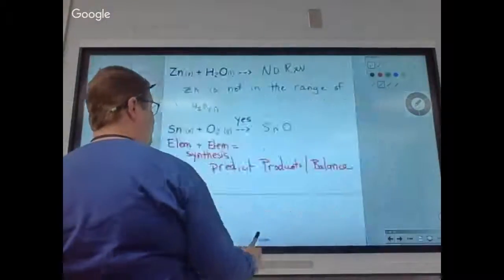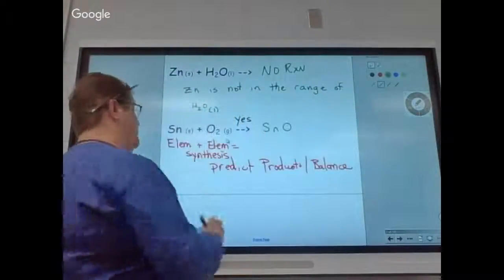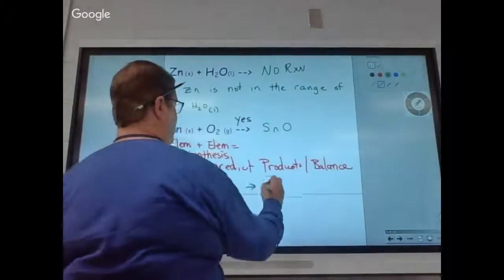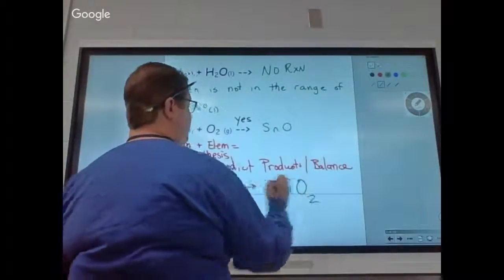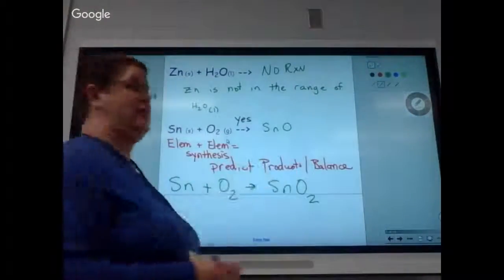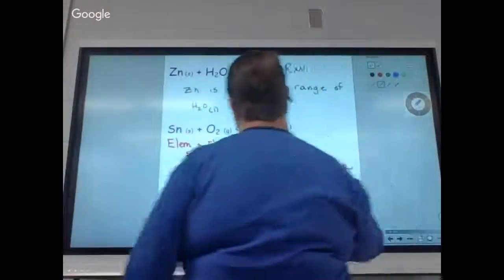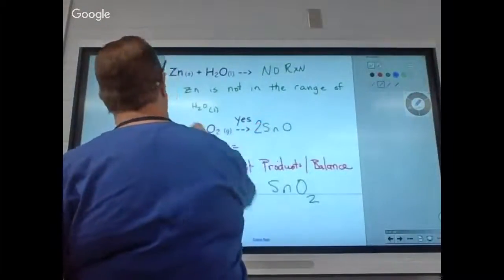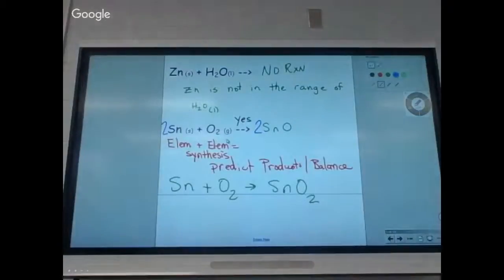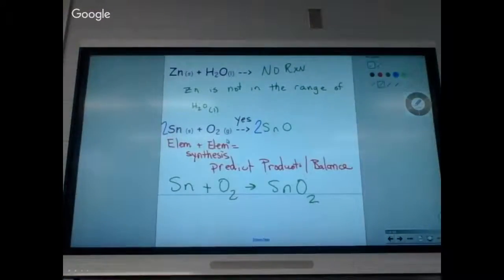If you had chosen 4, like Kevin said, Sn plus O2 would be SnO2. I would have taken either one of those answers. Kevin's equation would be balanced as is. Cecilia's equation would need to have a 2 and a 2. I would take either answer. It's a synthesis reaction, and because Sn can be a +2 or +4.